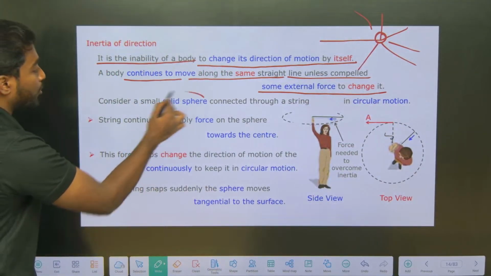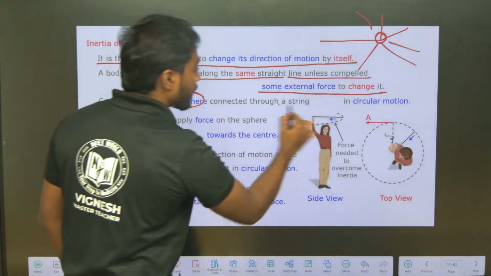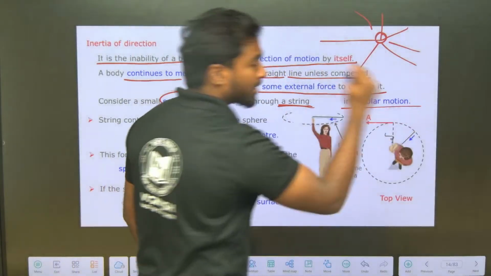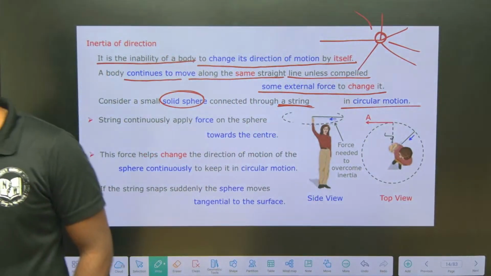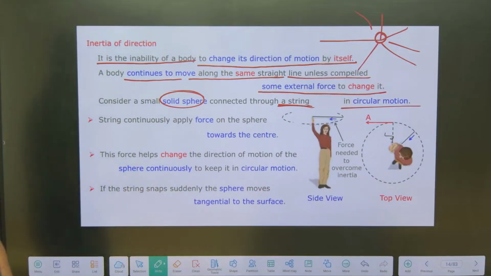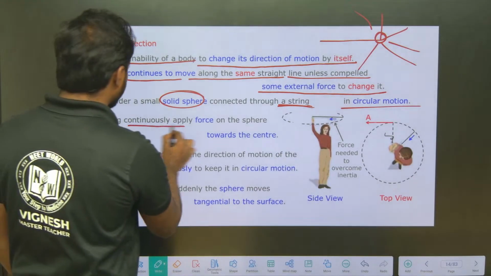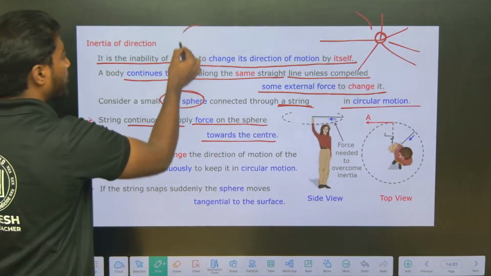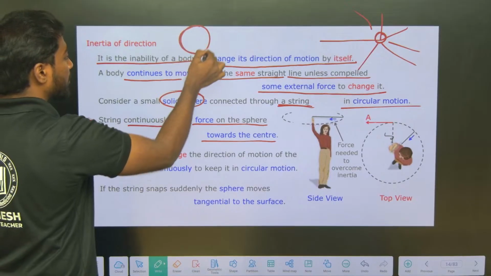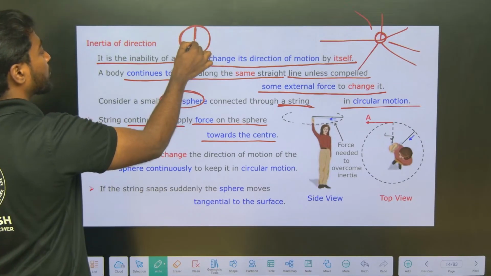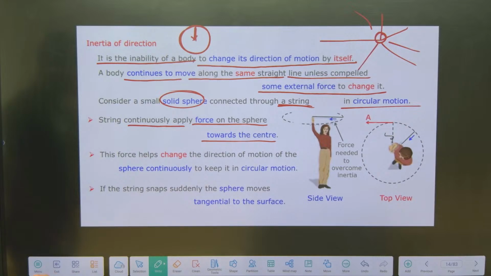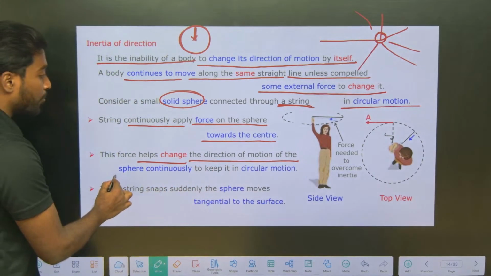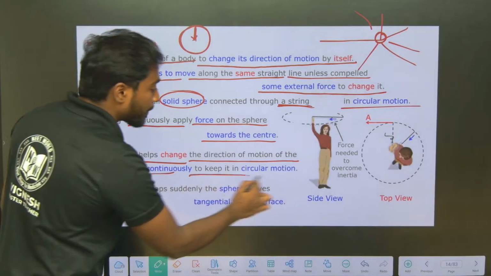Consider a small solid sphere connected with a string, which I am using in a circular motion. The string continuously applies force on the sphere towards the center. This is the centripetal force, towards the center, which helps to change the direction of the motion of the sphere to keep it in circular motion.